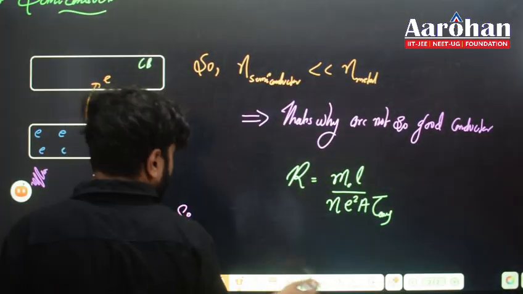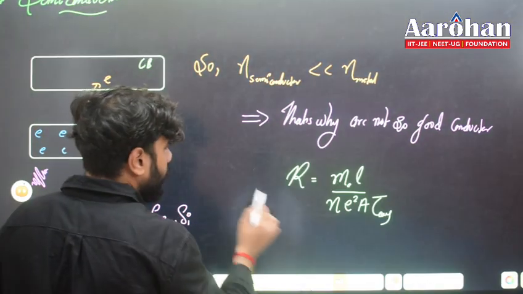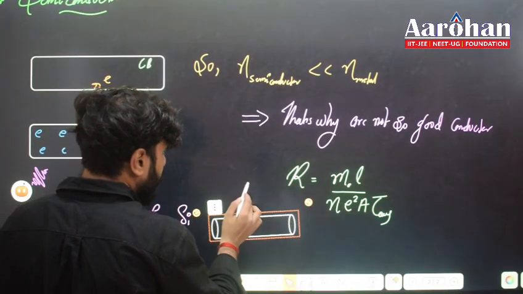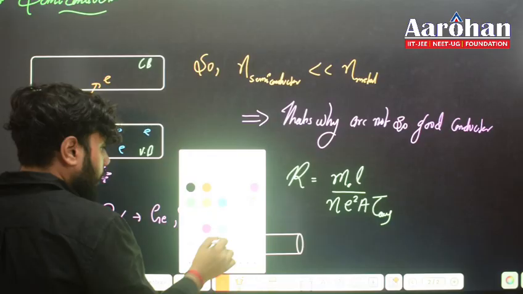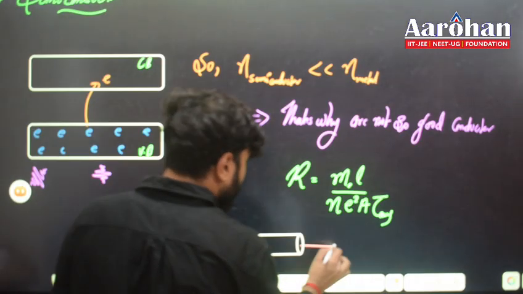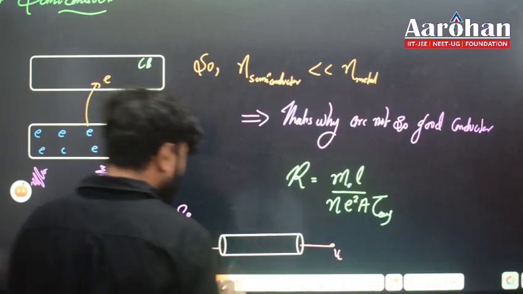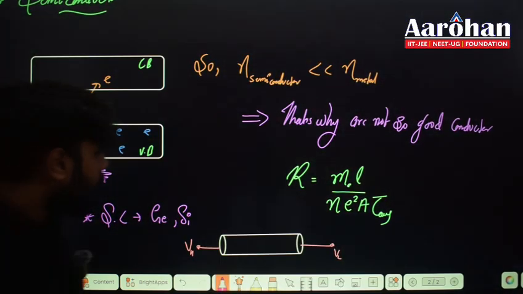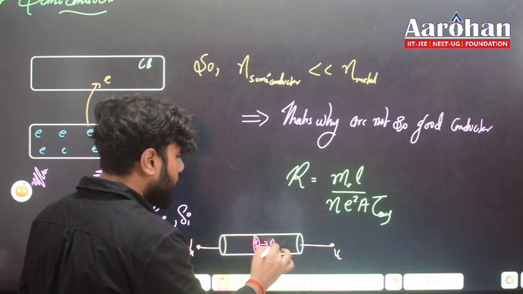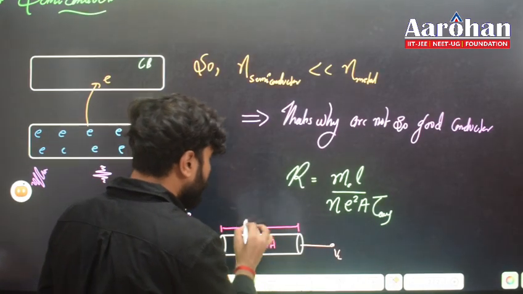Okay, so if you have a semiconductor connected to a source, again we are assuming the cross-sectional area is constant, and length also is constant.